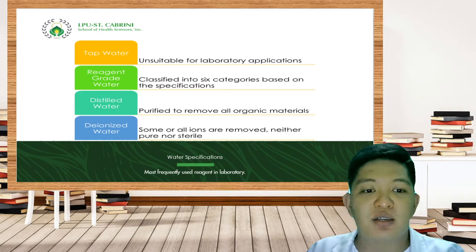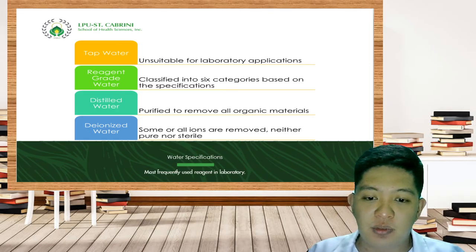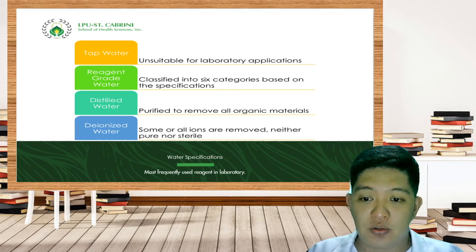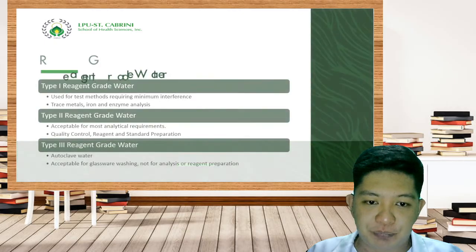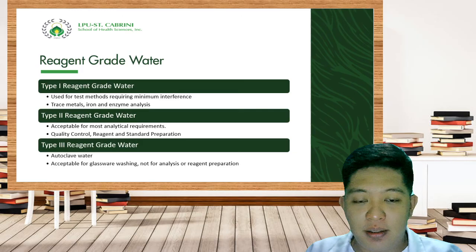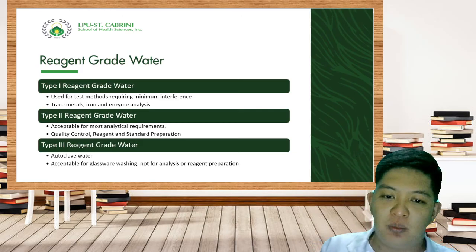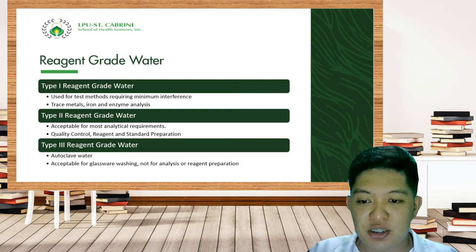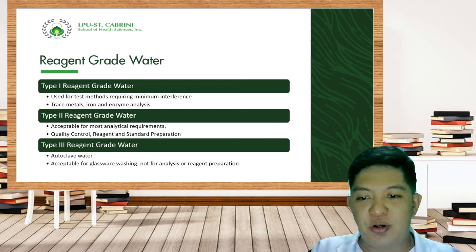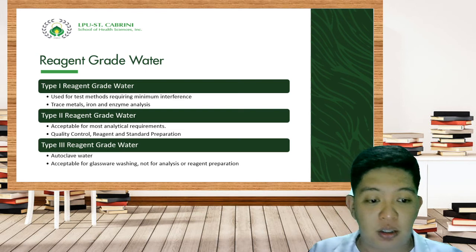Reagent grade water is classified into six, no, it is classified into six classifications, specifications. And what are those? We have the type 1 reagent grade water, type 2 reagent grade water, and type 3 reagent grade water. We also have what we call special reagent water.